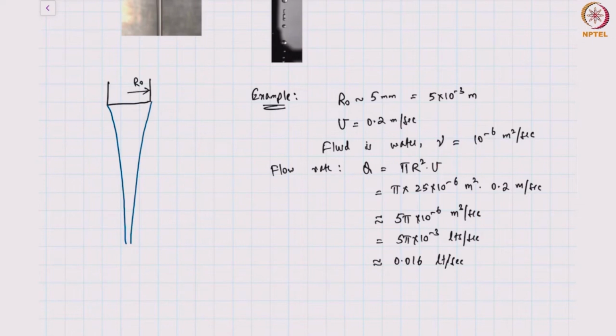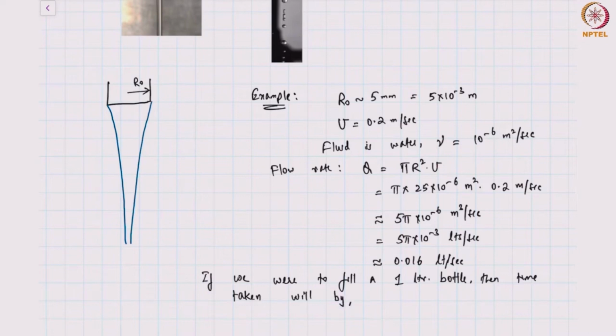Okay, what does this flow rate mean? If we were to fill a one liter bottle, then the time taken, let's call it t, will be 1 divided by 0.016 seconds, and that's approximately 62 seconds.